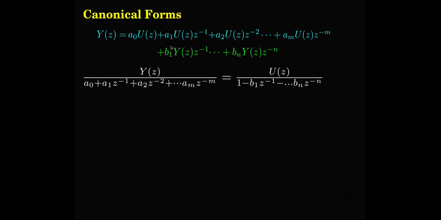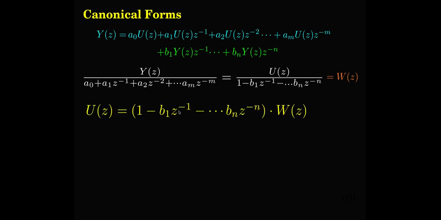Now I can rewrite this in this form. I can pick up all these Y(z) terms, put them onto the left hand side, take out Y(z) as a common term, and bring it down to the denominator on the right, and all the terms with U(z) have a common factor, and bring those terms to the denominator on the left side. So Y(z) by this equals U(z) by these terms. Let's say it's equal to some W(z).